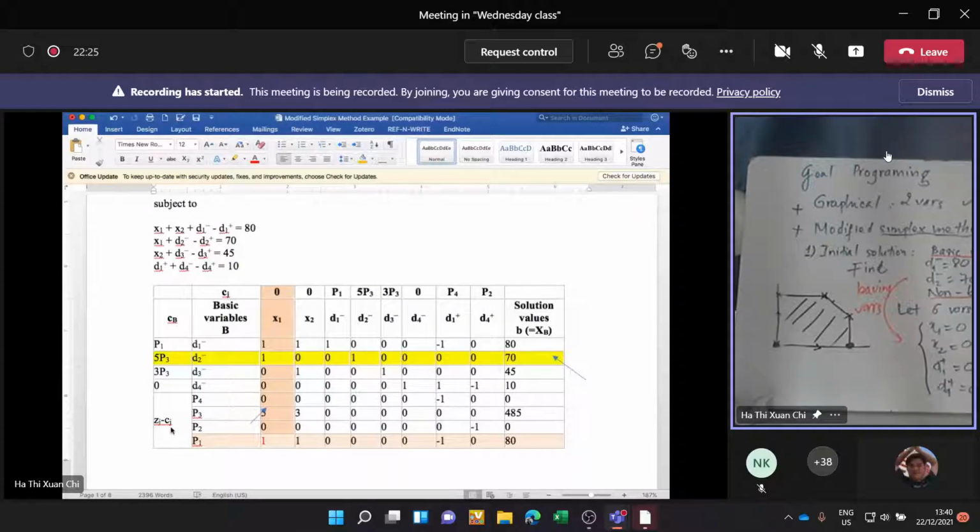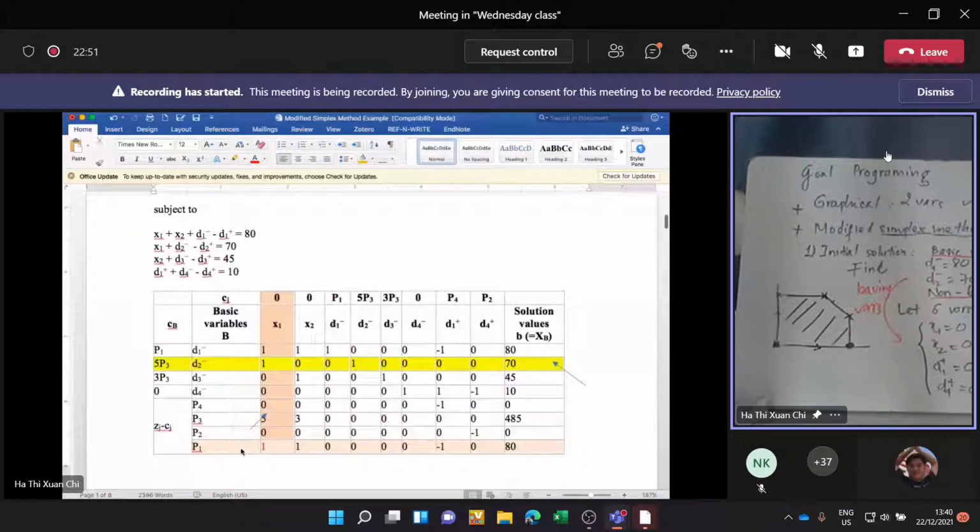It looks like Zj when you study simplex methods in operations research, but Cj minus Zj or Zj minus Cj is the same. So everyone, we put 1, 2, 3, 4 here.